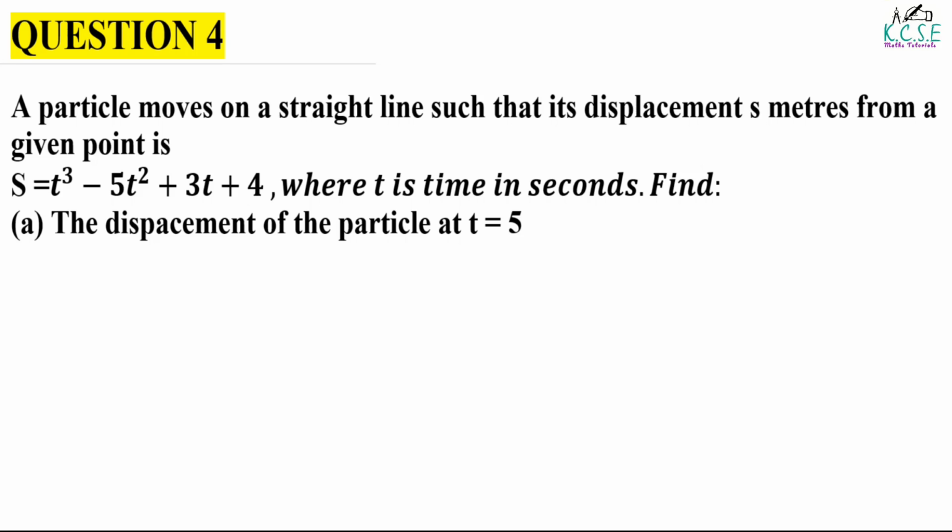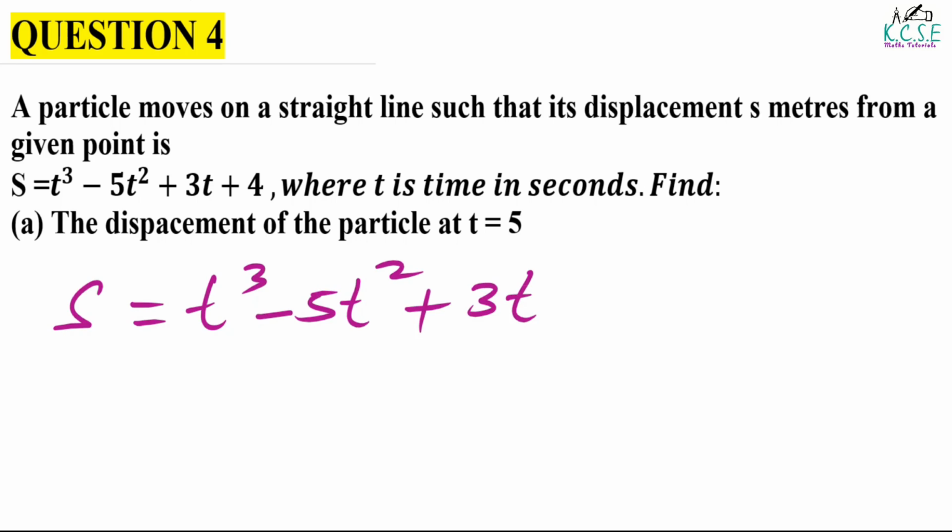So for this part, we just need the expression for displacement, which is s equals t cubed minus 5t squared plus 3t plus 4, and then we substitute to find the displacement when the particle is at t equals 5.